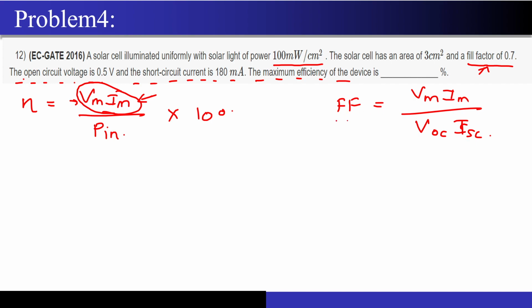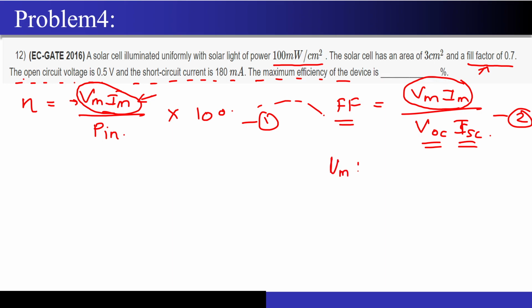Correct? So the fill factor has been given to me, the open circuit voltage has been given to me, the short circuit current has been given to me, so I can find the product of Vm into Im from this formula and then substitute it back into equation number 1 to get the efficiency of the solar cell. A very simple thing to do. So let's calculate. The product of Vm into Im will be fill factor into Voc into Isc.